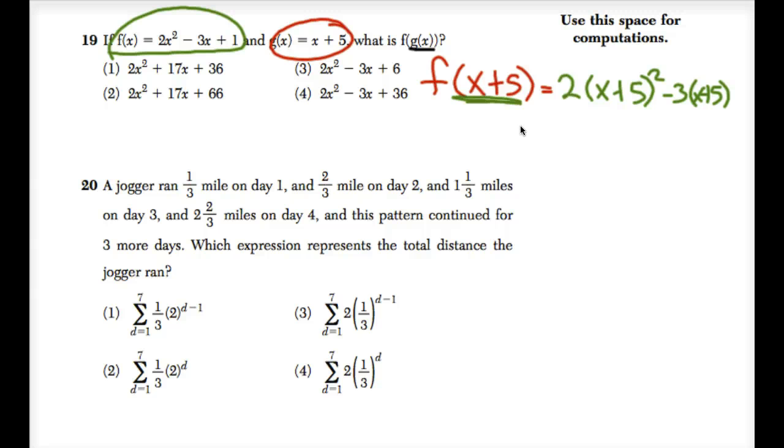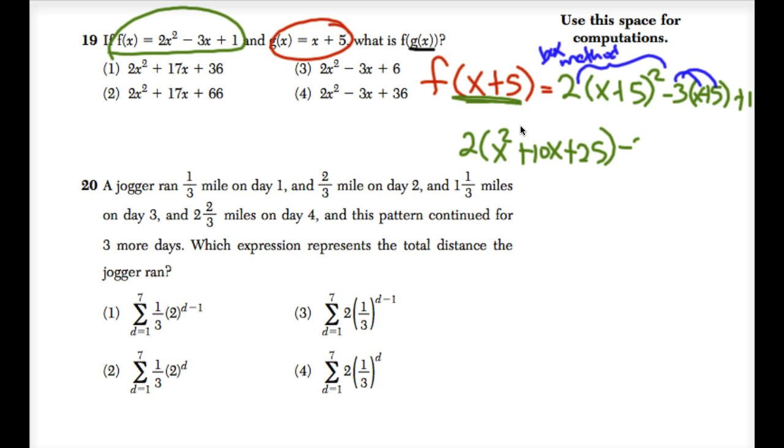I'm going to do my box method for this here. And then here, I'm going to distribute my negative 3. When I do that, I'm going to end up having 2 times (x squared plus 10x plus 25) minus 3x minus 15 plus 1. Then I'm going to distribute my 2 before I can combine like terms.